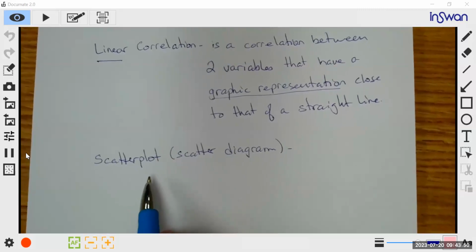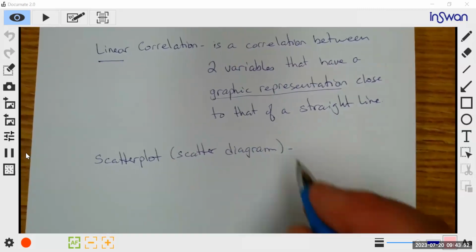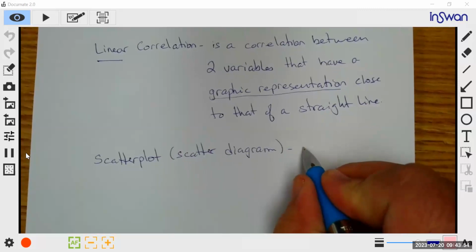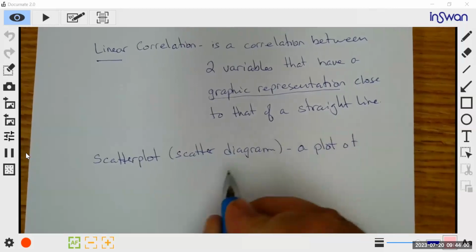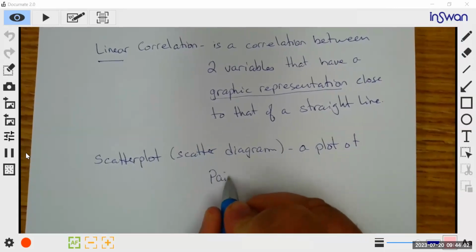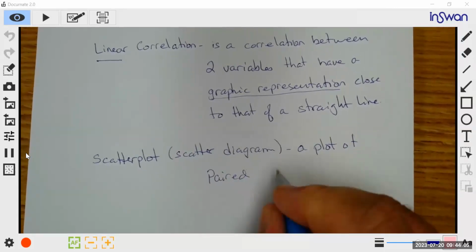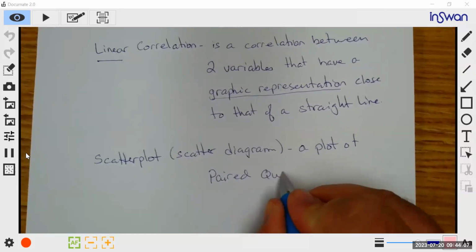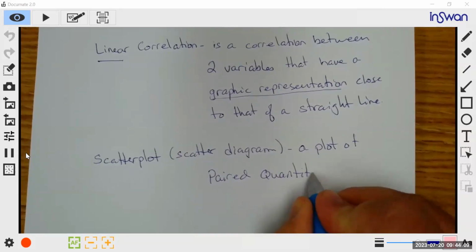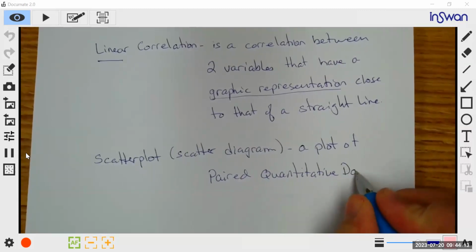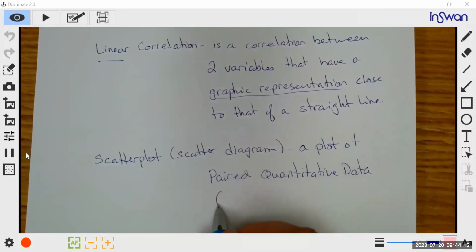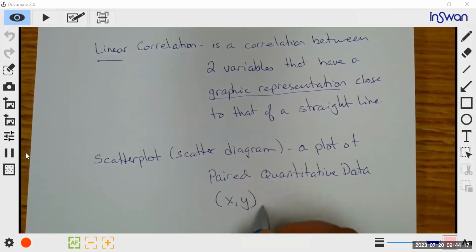Well, this is why. Because it's a plot of paired quantitative data in the form of X, Y.